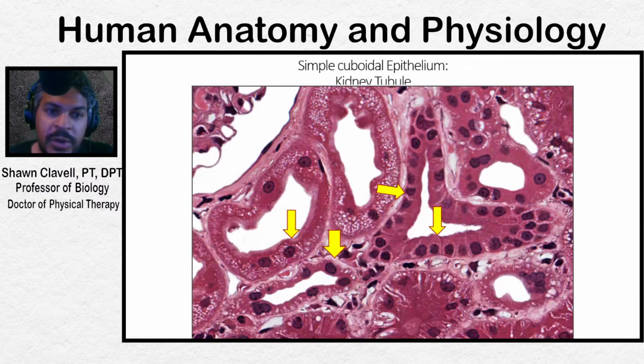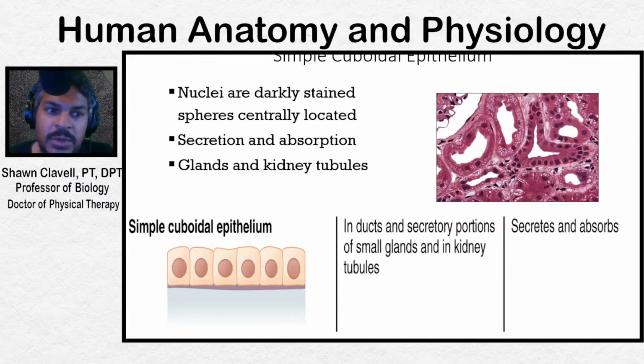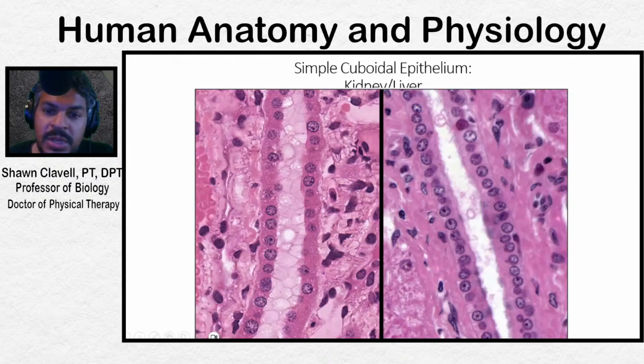Simple cuboidal epithelium, so you can see here simple cuboidal epithelium that makes up the tubes or tubules there. So let me zoom in one more time and show you the other slide here. This is simple cuboidal epithelium.